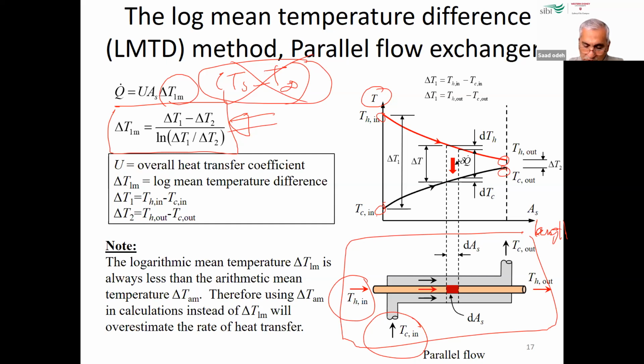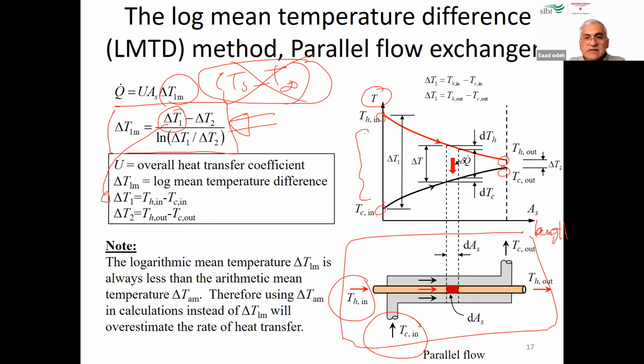Okay, so in parallel flow, you always take the left side, which is the hot fluid in, minus the left side of the cold fluid, which here in this case is cold fluid in. So delta T1 here is T hot in minus T cold in.